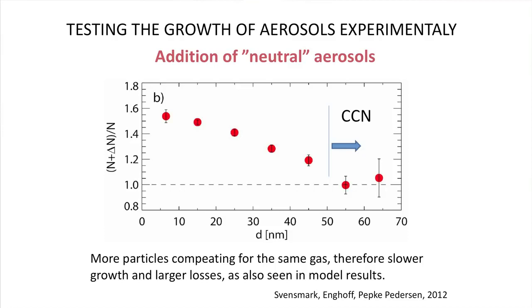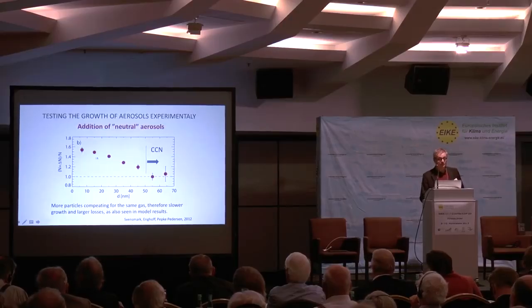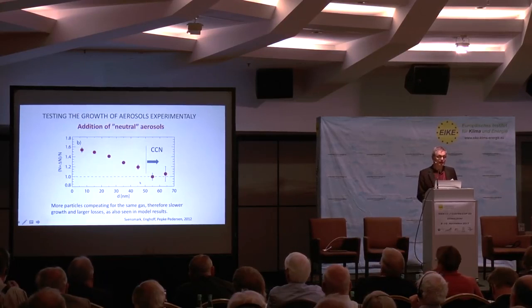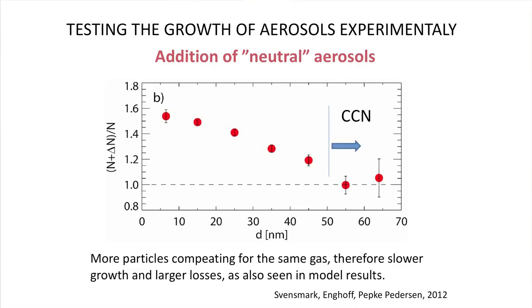And then we looked at how they grew towards cloud condensation nuclei. And in this experiment, we have no ionization. So what you see is that, in complete agreement with the models, we don't get cloud condensation nuclei. So even though we put in more particles, in the end no more particles come out.